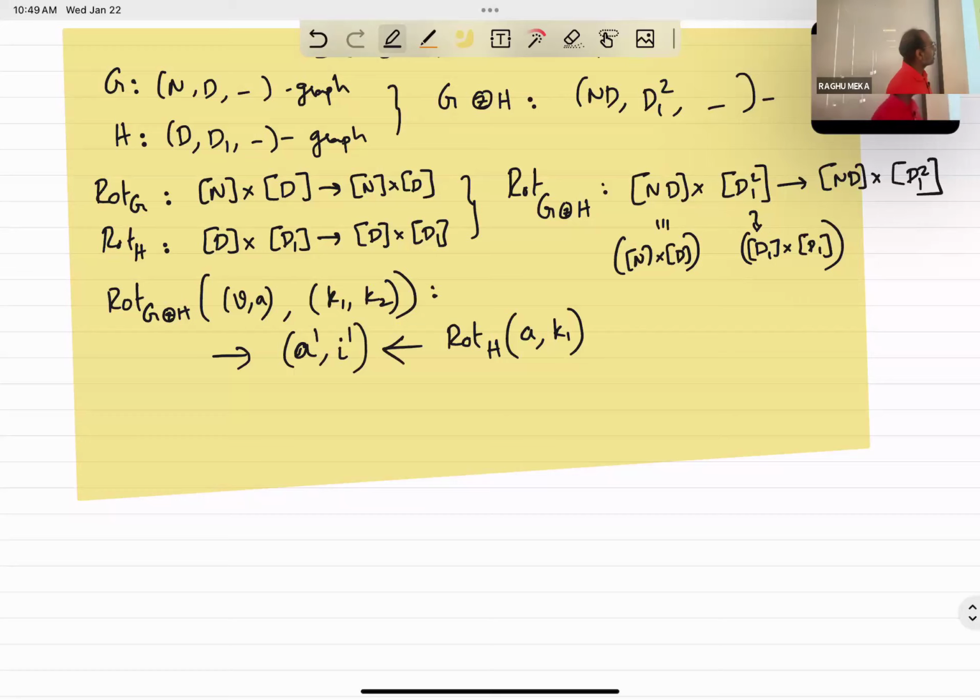I first apply the rotation map of H to take the within-cloud step. And then I take the across-cloud step with label a prime to get something else, wherever I end up.